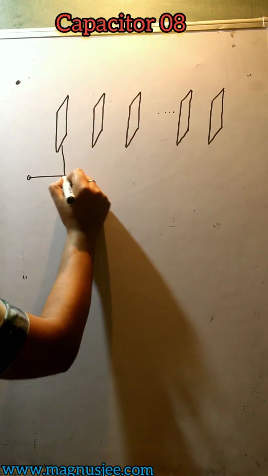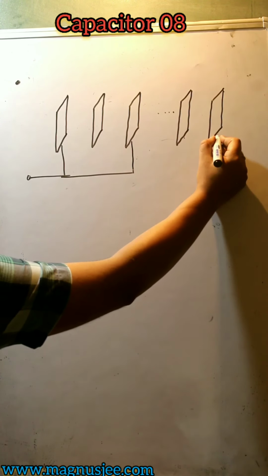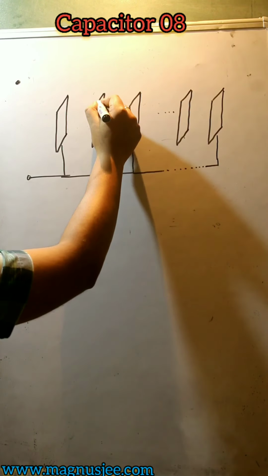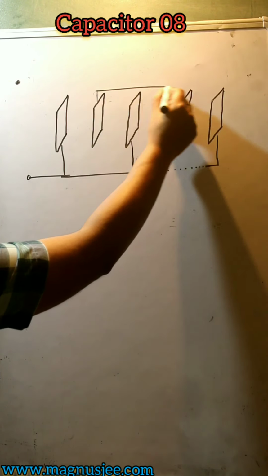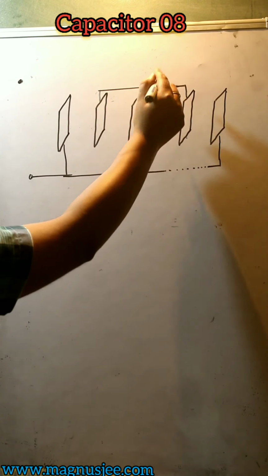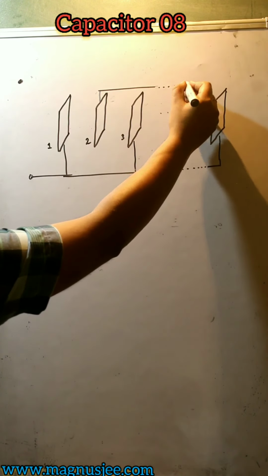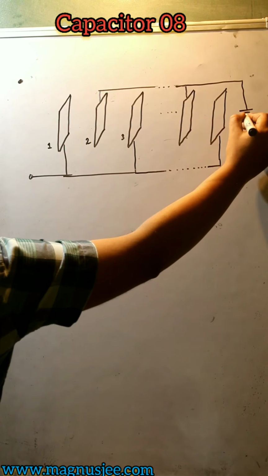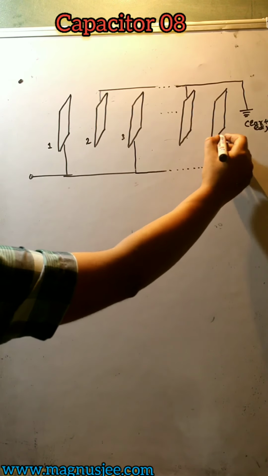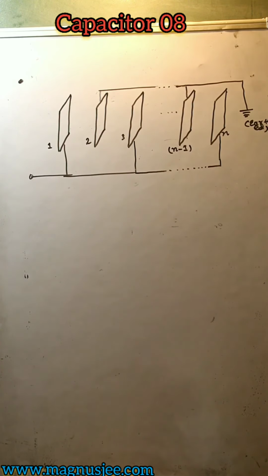So n number of metallic plates, and the first, third and odd number of plates will be connected to each other alternatively, then connected to the nth plate, and the second, fourth and lastly the (n minus 1)th plate will be connected to each other, and finally the even number of plates will be connected to earth. That means they are earthed.